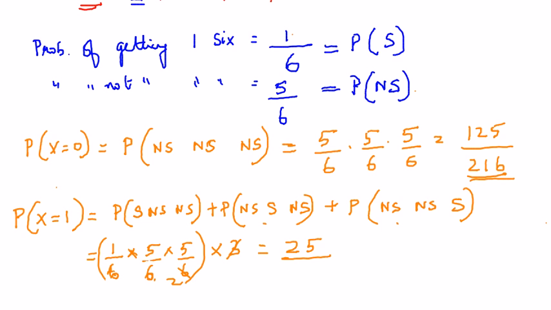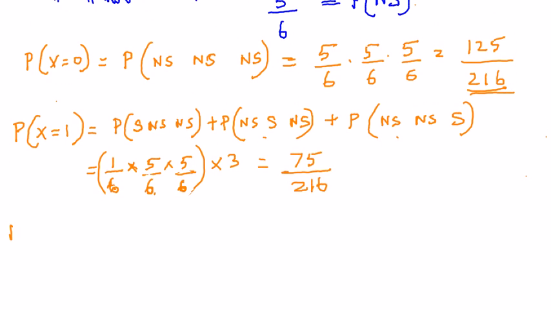When you write the probability distribution function, if everything has the same denominator, you can add it and see it is equal to 1. So let's not cancel this. 25 into 3 would be 75 divided by 216.